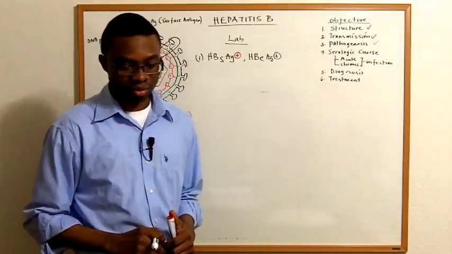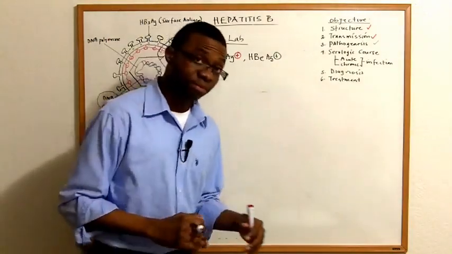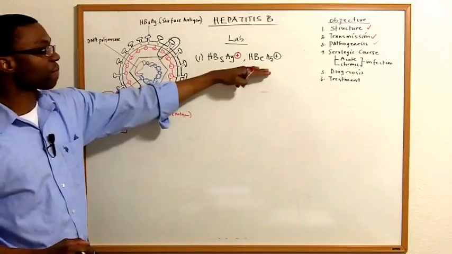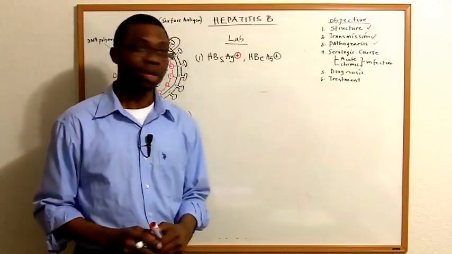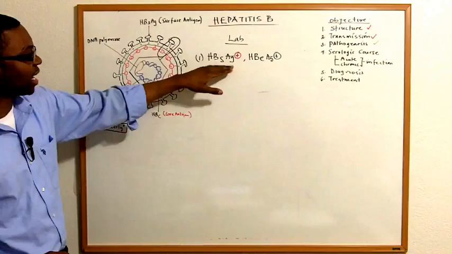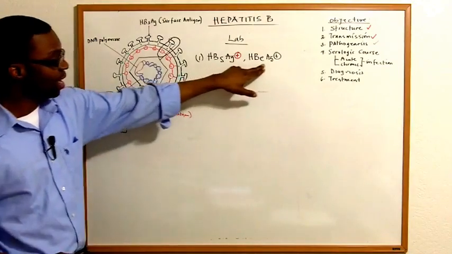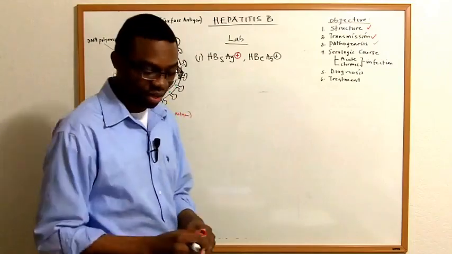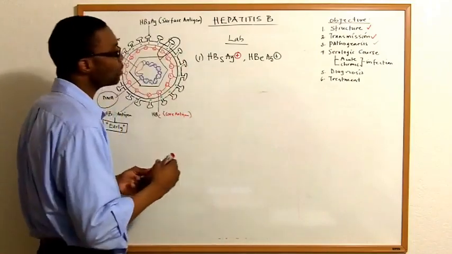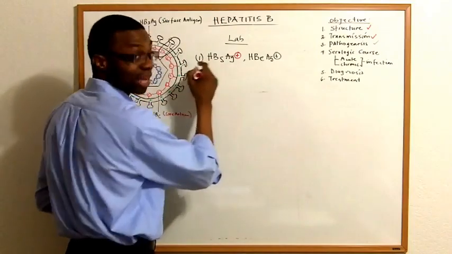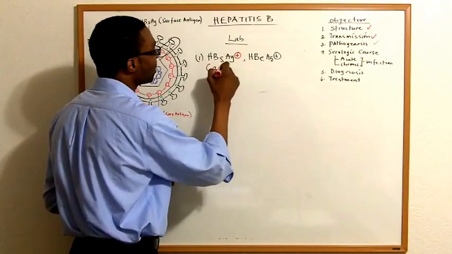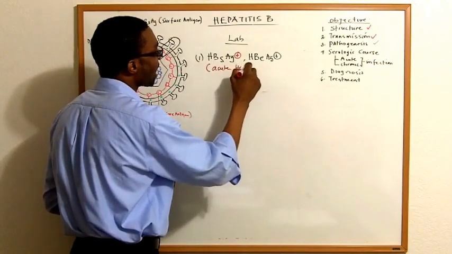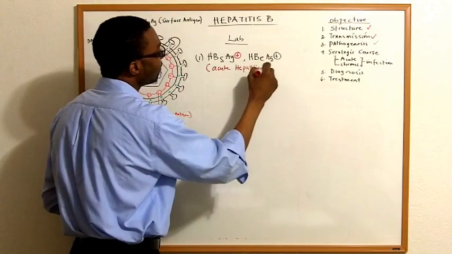That's the serology. After we drew the labs, what do you think is going on? Well, they have an antigen positive, and the early antigen, which represents they're very infective. This is an acute hepatitis B infection.